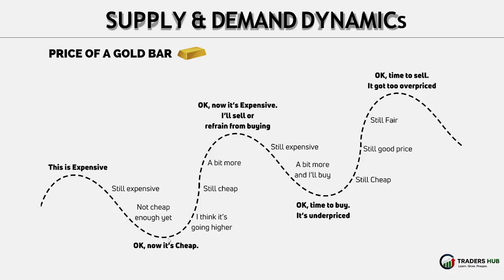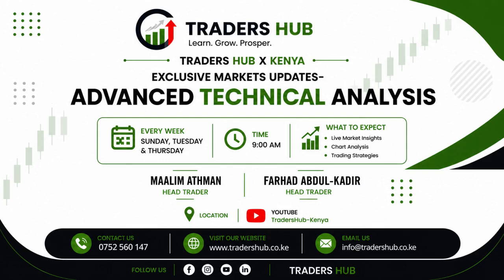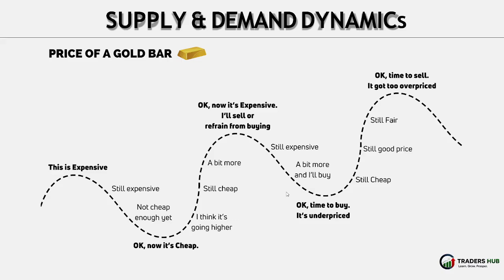Since this is 25, the next cheap level is what? 50. We can say that this is 50, and it got to 25. From 25 it got to 75, because it passed the 50 level. From the 75 level, price lost its value by more than 50%.